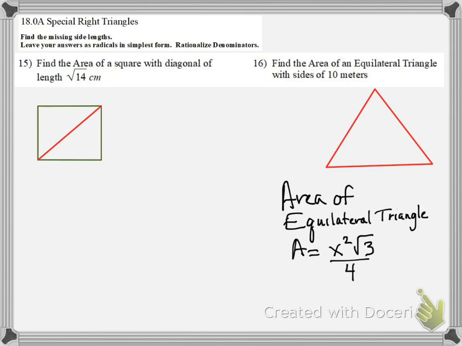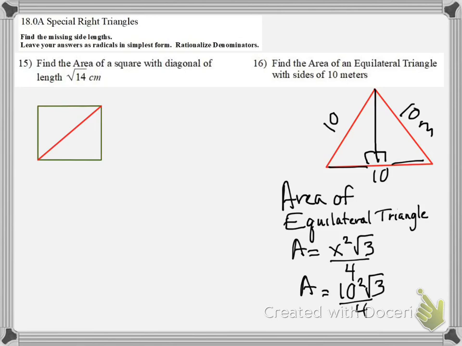So in this case, they told me that this is 10, and this is 10, and this is 10. Those are meters. And we could do what we did in the notes, where we draw this in, and we do half the side, and we do the root. We don't need to. We have a formula now. So I have 10 squared root 3 over 4.